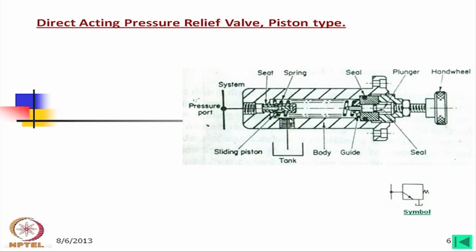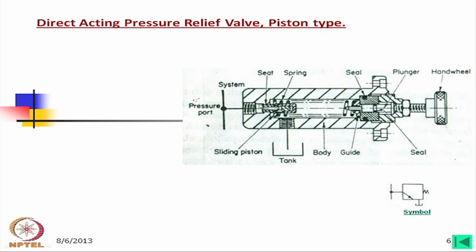Now, what is the advantage of this? This is also direct acting, so the theory is the same: when this opens, the pressure reduces here and again it will be closed. But due to this piston and cylinder arrangement, it will take some time to close and open, and it is better from the chattering point of view.